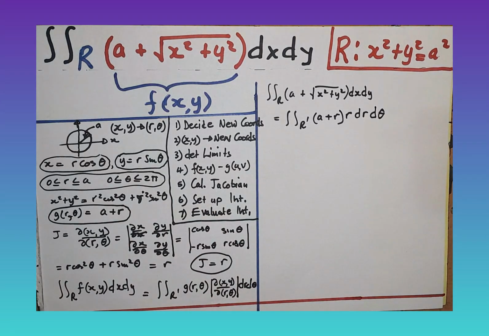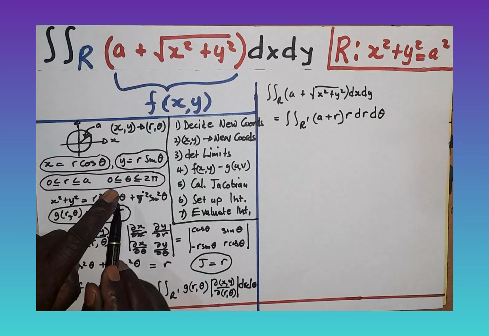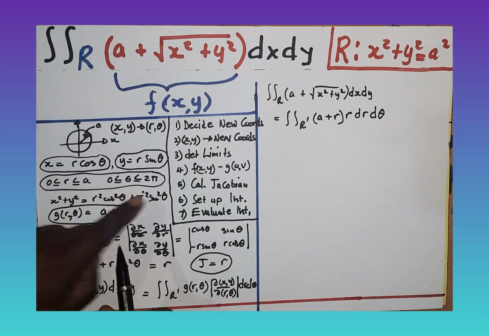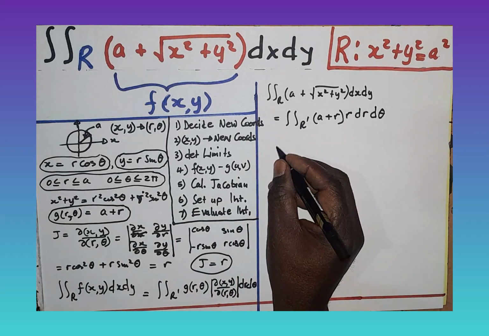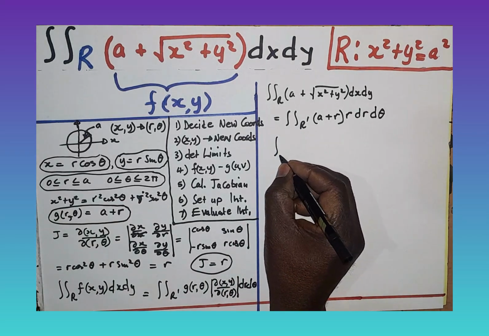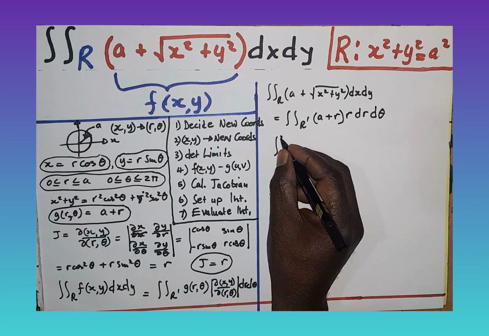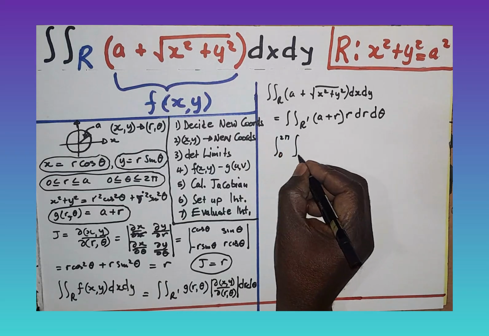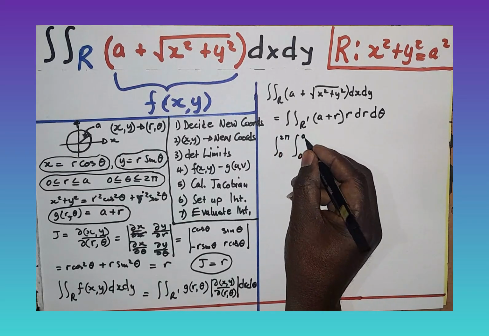Now let's remember that we have already calculated our limits of integration. Our r ranges from 0 up to a, and our theta ranges from 0 up to 2 pi. So we can now put in the limits of integration and say theta ranges from 0 to 2 pi, r ranges from 0 to a.